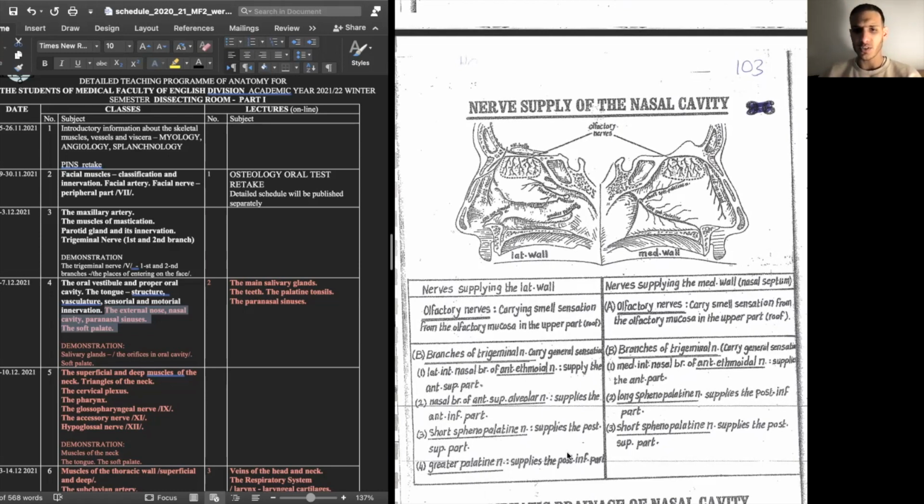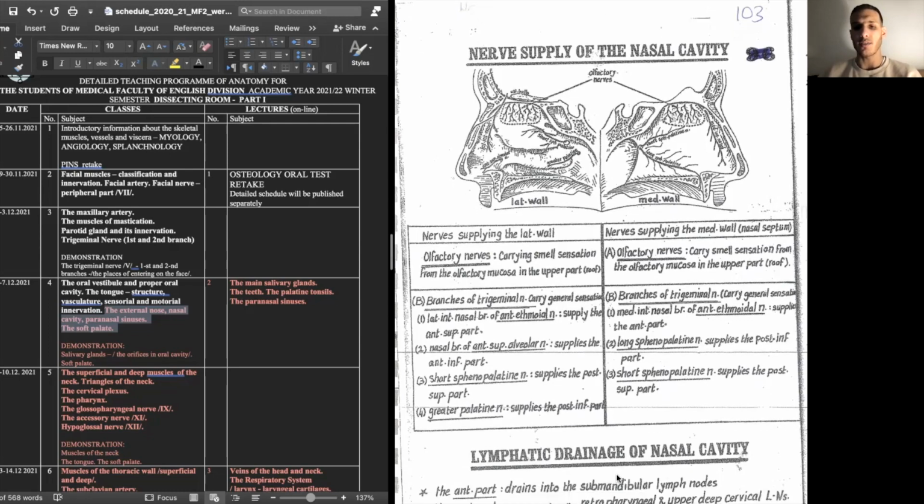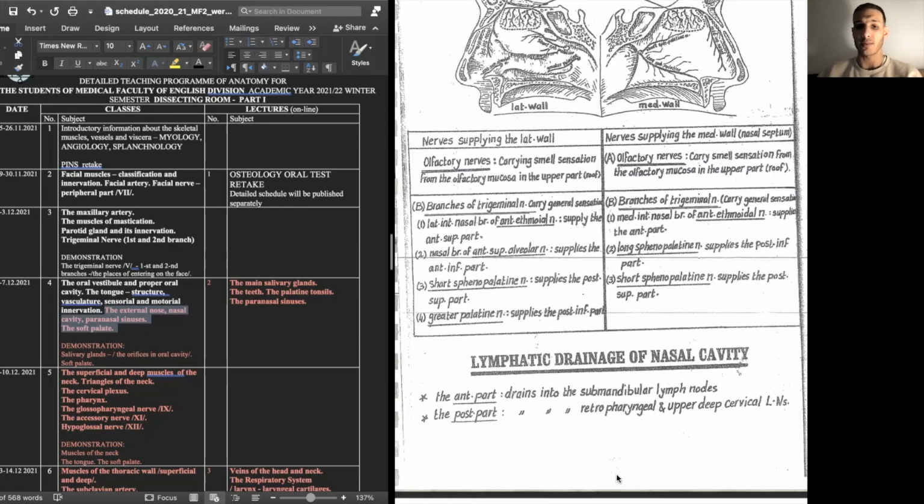Nerve supply through the medial wall: olfactory nerves carry smell sensation, and then branches of the trigeminal nerve, again, the middle inferior nasal branch of the anterior ethmoidal nerve, the long sphenopalatine nerve, and the short sphenopalatine nerves. And these are enough to be mentioned if you want to dive into details of the nerve supply of the nasal cavity.